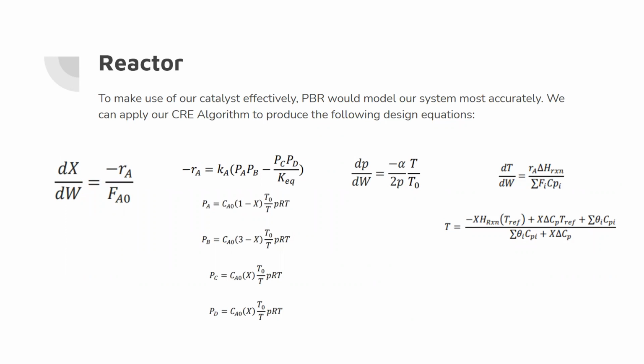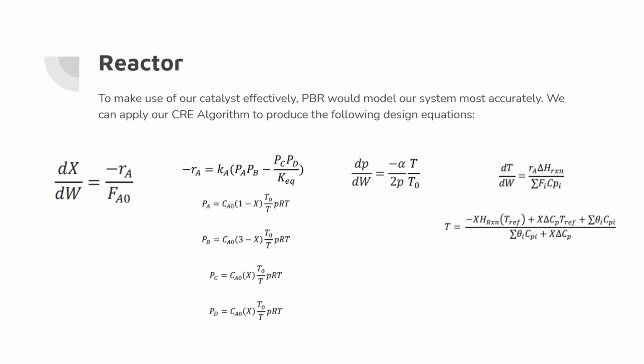For our reactor, to make use of our catalyst effectively, a PBR, packed bed reactor, would model our system most accurately. We can apply our CRE algorithm to produce the following design equations. We start on the far left with the mole balance on the PBR in conversions. So dX over dW equals the rate of consumption of A over F_A0, which is the feed. The rate law we discussed earlier and the partial pressures can be written in terms of concentration and conversion with temperature and pressure drop involved.